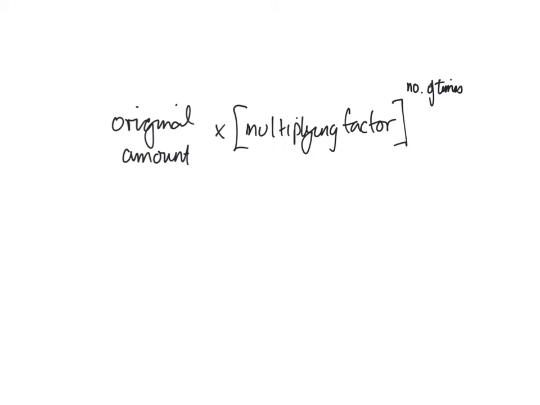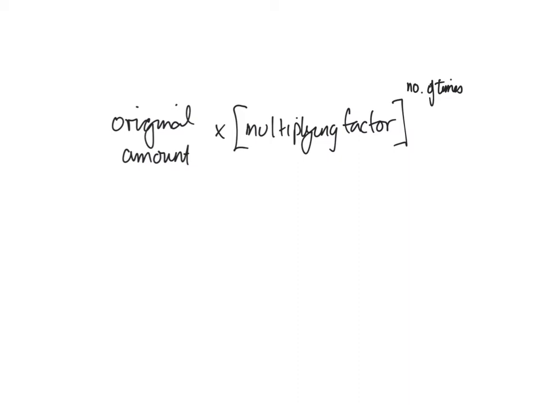So for example, if it was getting an interest rate year after year after year, then the number of times would be how many years that this is going on for. Or if it was a weekly thing, then how many weeks that this goes on for. And the multiplying factor then is what we're multiplying by, to increase by a percentage or to decrease by a percentage.